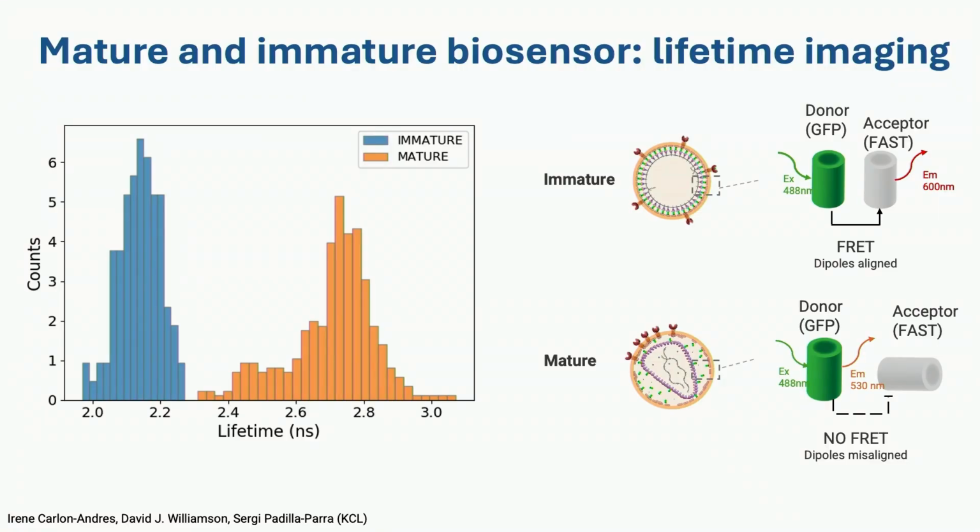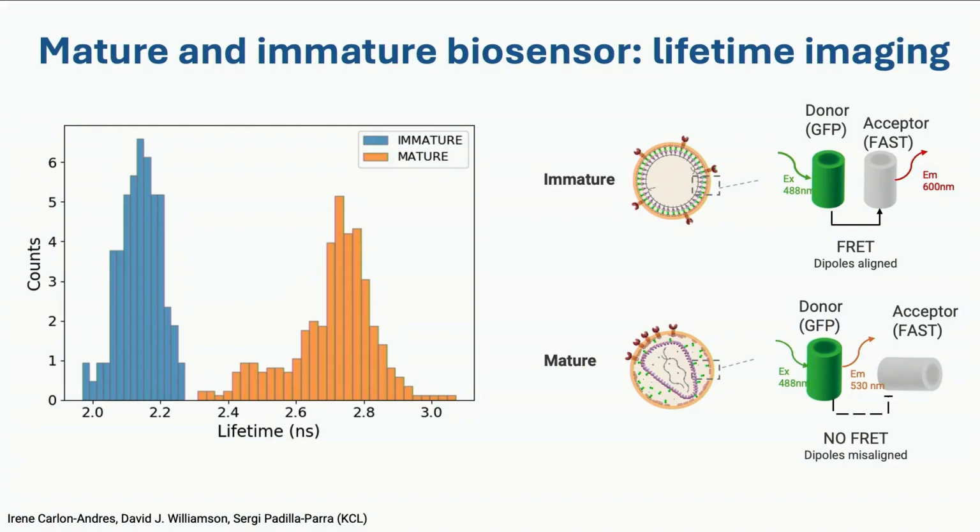So in our case, first of all, we have a biosensor to detect between this mature and immature system. We have a GFP attached to the Gag protein of the membrane of the virus, and we add this acceptor called FAST. When both are parallel, we have a FRET signal, and then when the virus goes from the immature to the mature system, they change conformation and there's no more FRET.